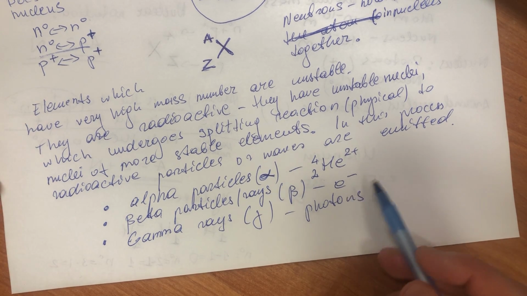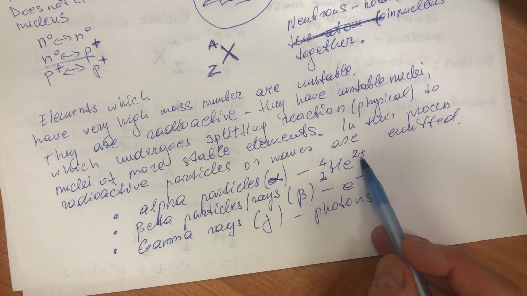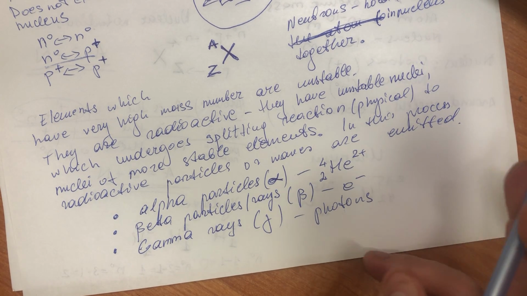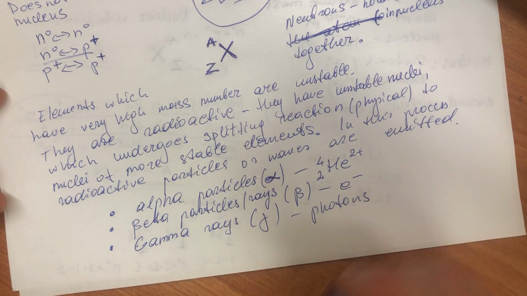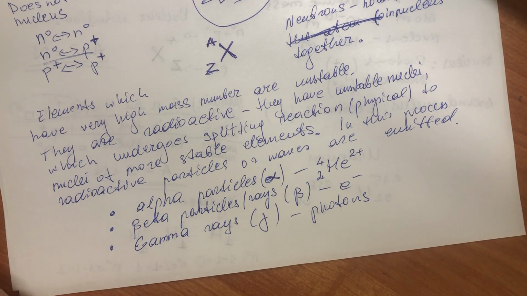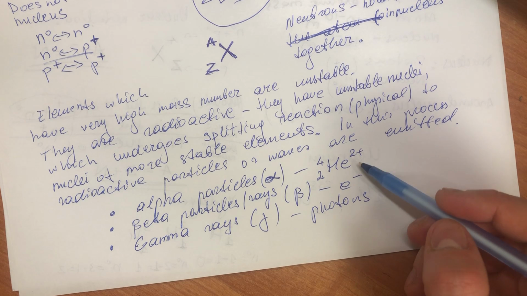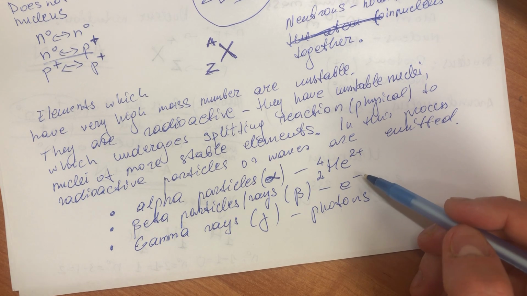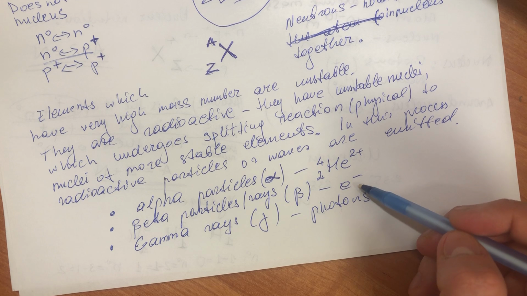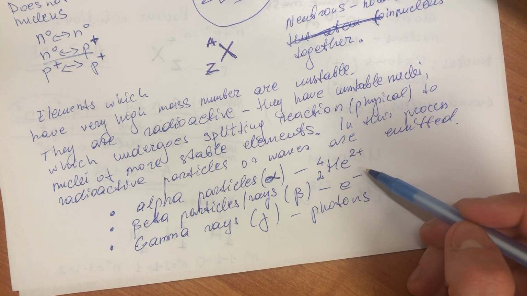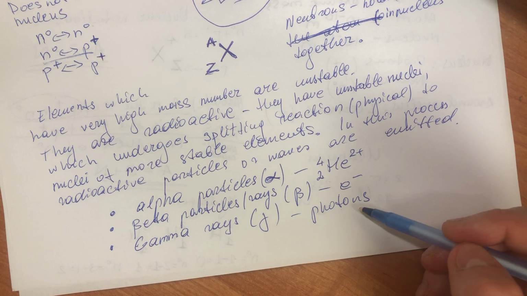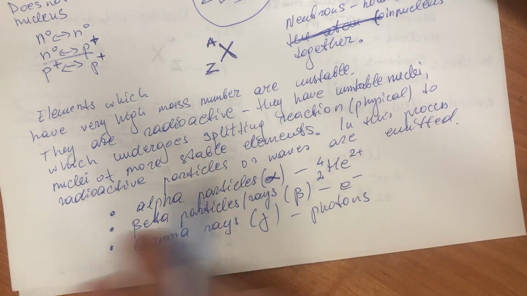Because these particles have different charge, this has plus charge, this minus, this has no charge, they act differently in a magnetic field. As you remember from the electromagnetism lectures, in an external magnetic field, positive and negative particles go in different directions, and the direction of photons doesn't change.